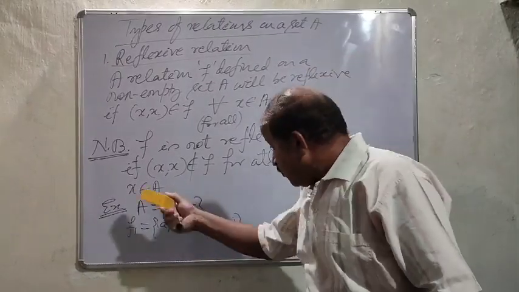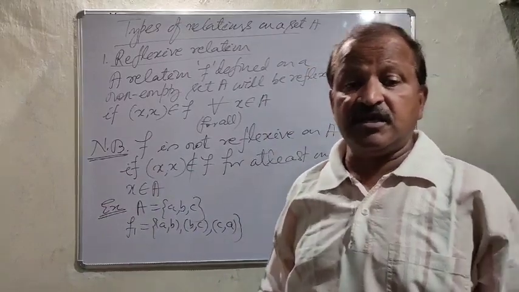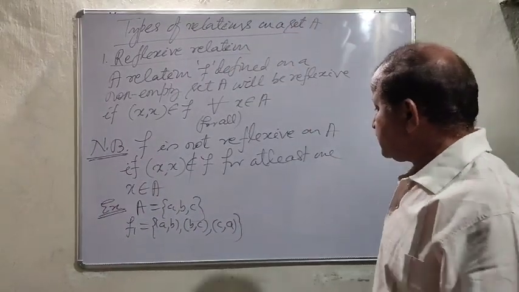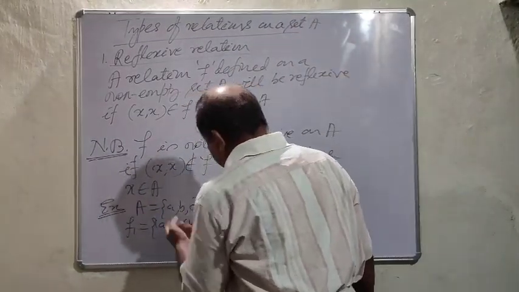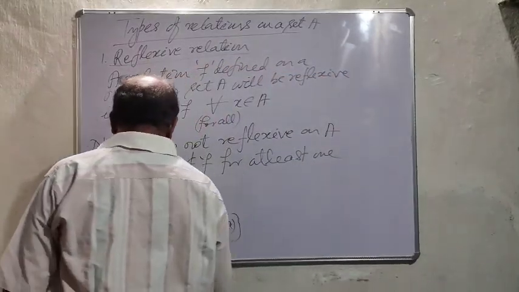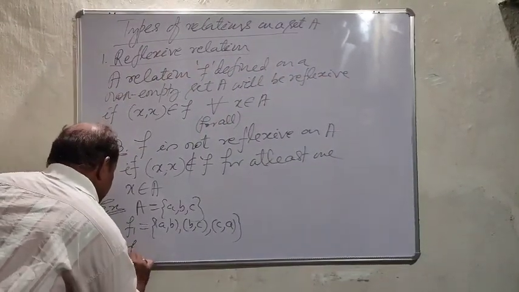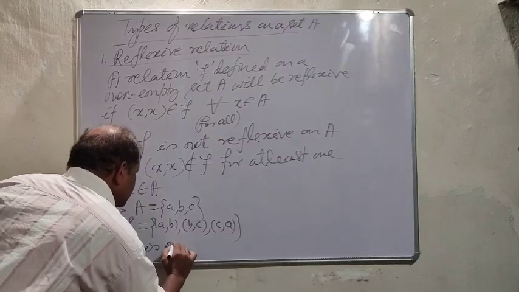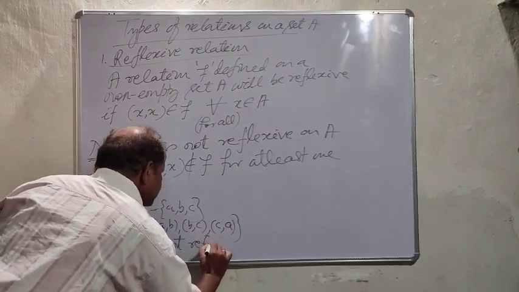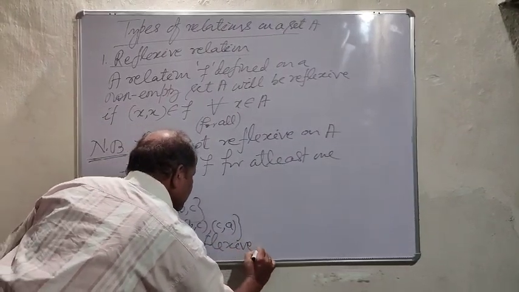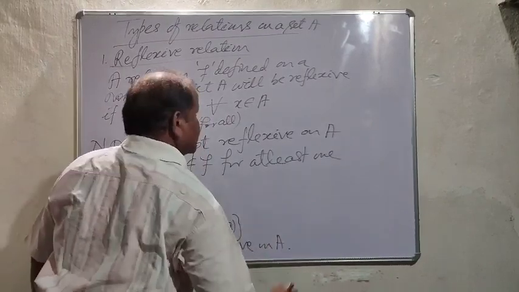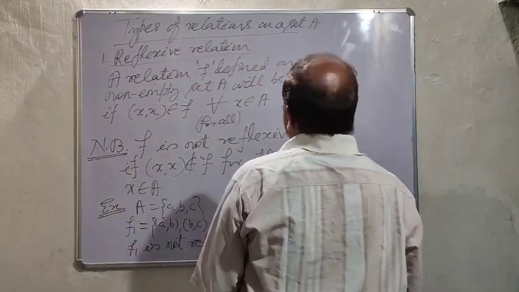But here, no element of A is related to itself. So F1 is not reflexive on A.